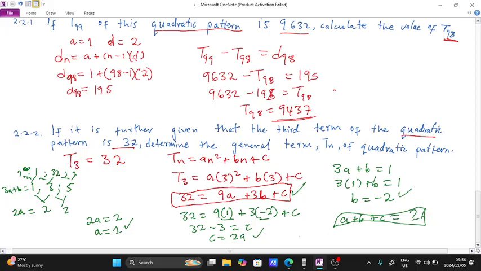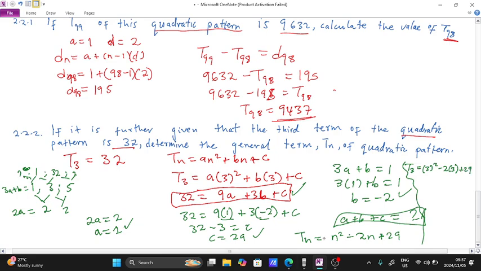Now for the last tick you must write your Tn. Tn equals n squared minus 2n plus 29. Now, for us to verify, can we check if the third term is 32? Let's put n equals 3. So T3 equals, we're just verifying, this is not supposed to be part of your answer, 3 squared minus 2 into 3 plus 29.